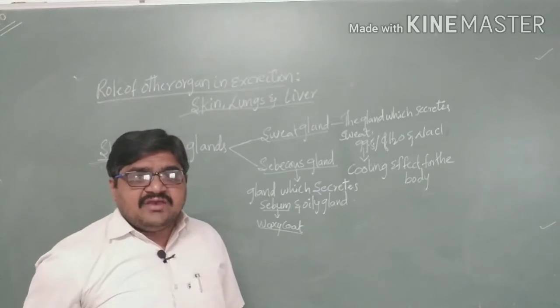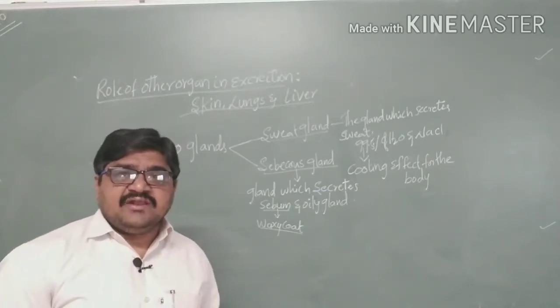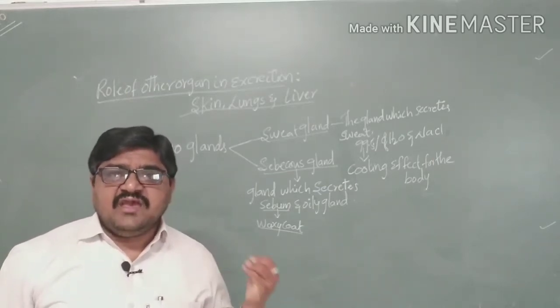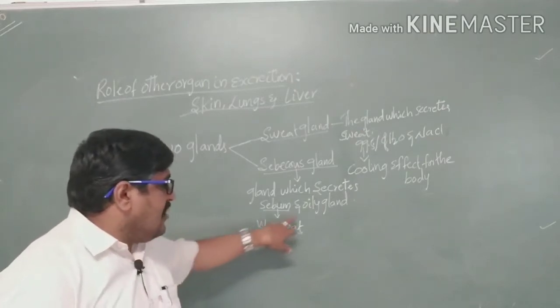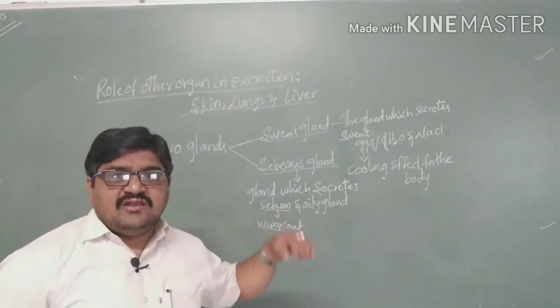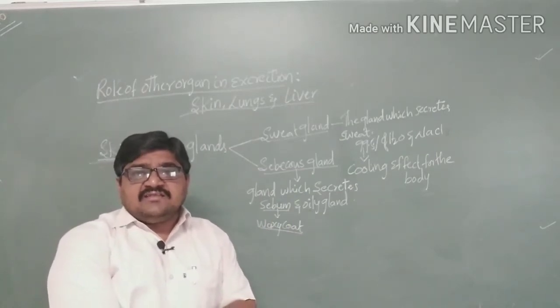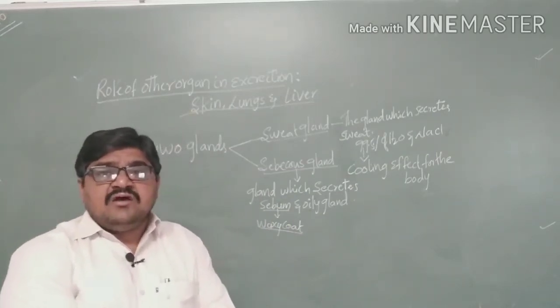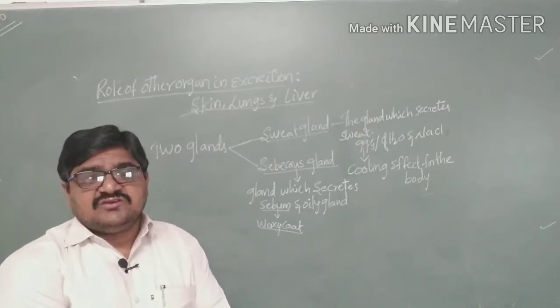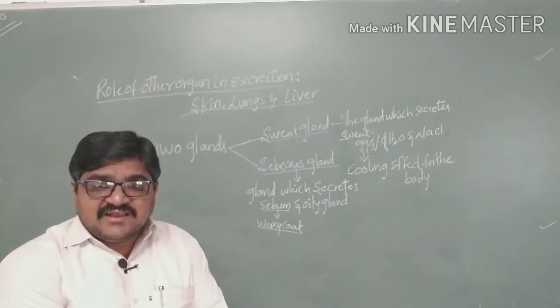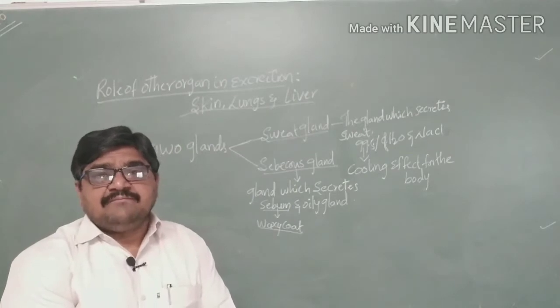Sebum is mainly a waste material that is excreted outside from the body. Along with this, the oil glands produce oil on the surface of the skin, where they eliminate the excess oily nature from the body.